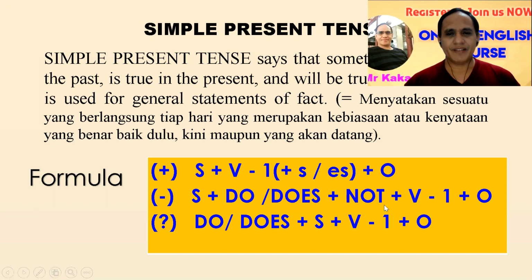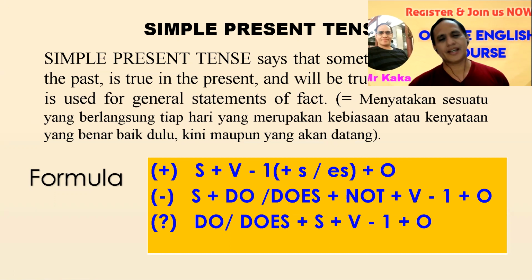Now have a look at the basic formula of English simple present tense. For the positive sentences, we have a subject, then verb one plus s or es, then object. This is the basic form of the positive sentence of simple present tense.